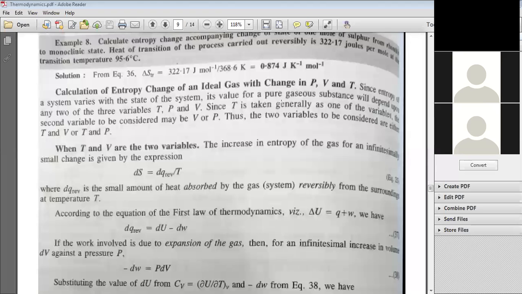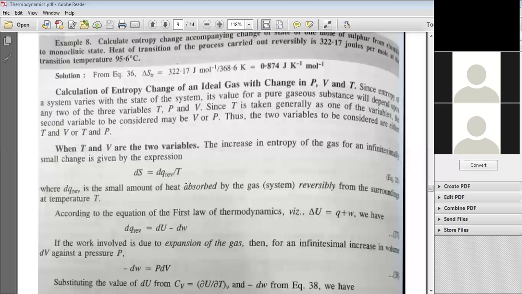So nowadays we are discussing the calculation of entropy changes in different types of processes. Yesterday we derived an expression for calculation of entropy change for an ideal gas whenever there is change in pressure, change in volume, and change in temperature.